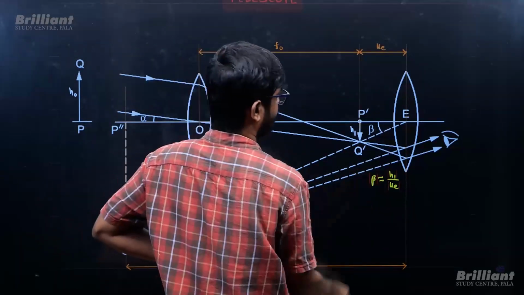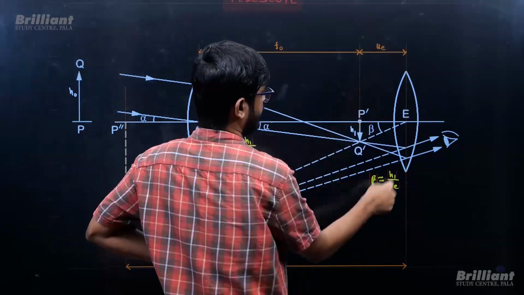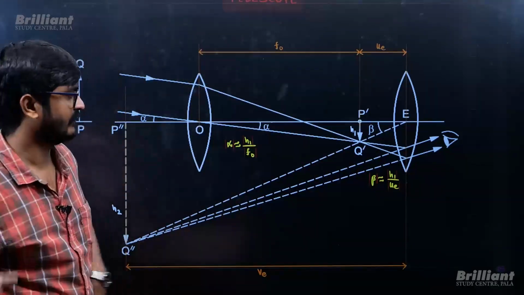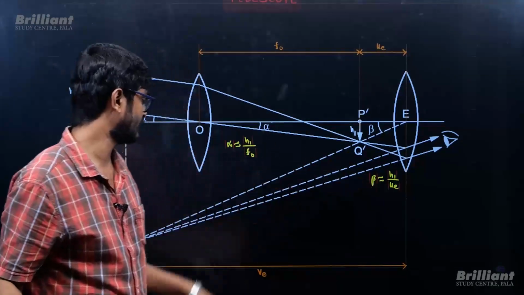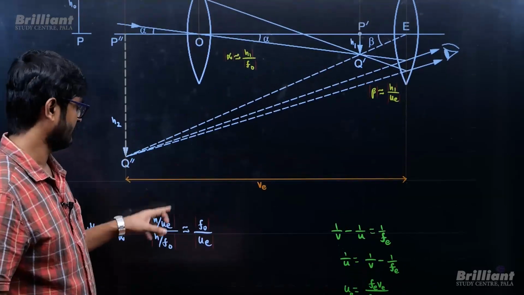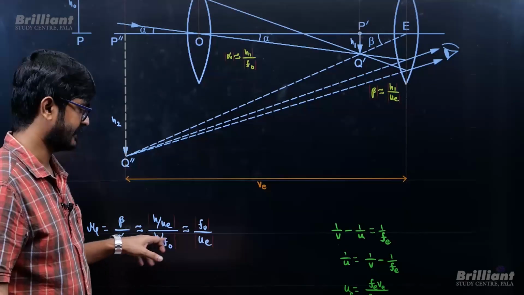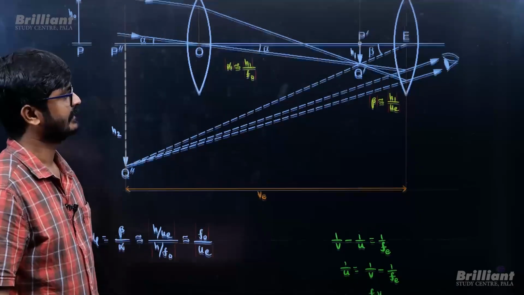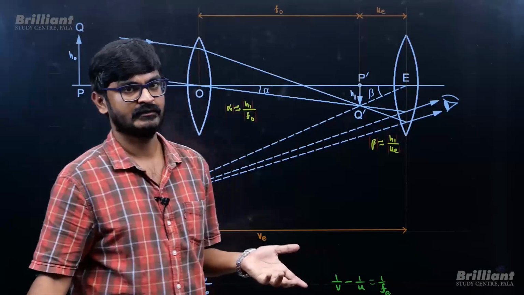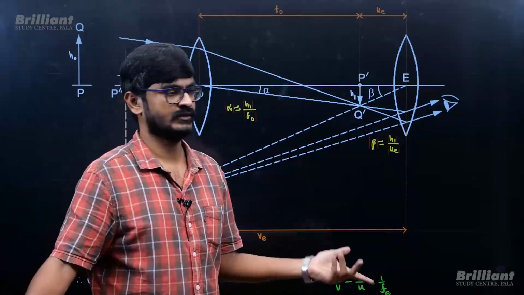Now this is the new angle subtended, that is h1 by ue. New angle subtended by old angle subtended is the angular magnification, that is h1 by ue divided by h1 by f naught. h1 will get cancelled, and you will get f naught by ue. Now if you find ue for normal setting and near point setting, then you will get the answer.